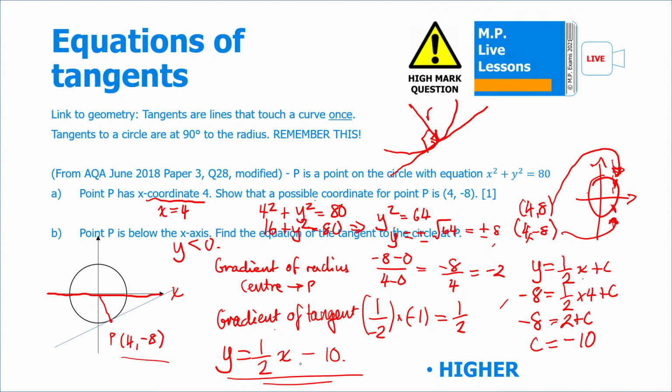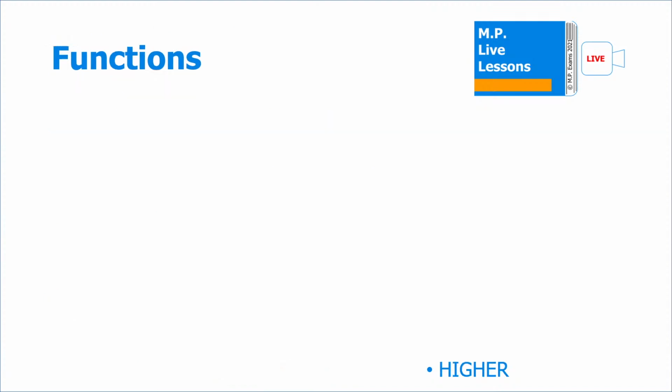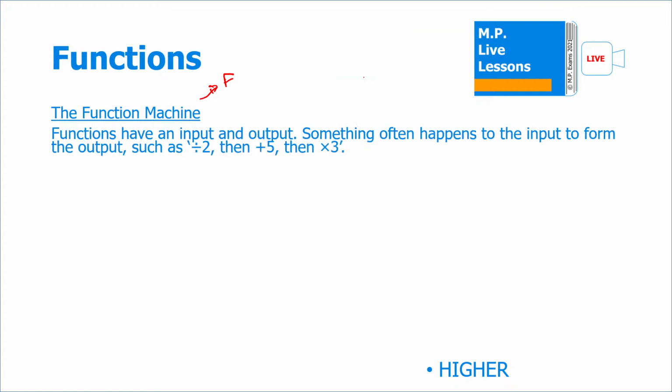For higher tier, you'll also need to know about function machines and functions themselves, so this might be on foundation tier as well. Now, functions have an input and an output, so something that happens to the input to form the output. So let's say I've got the input, and then it goes through the operation dividing by 2, then adding 5, then multiplying by 3, and you get the output.